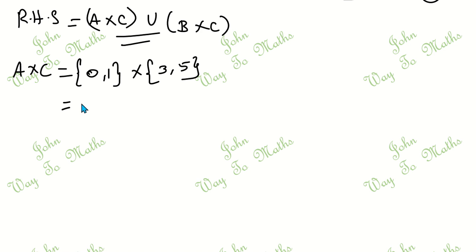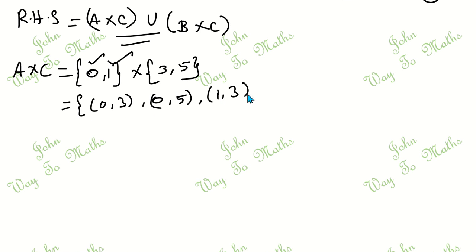Here I'm going to choose 0, so 0 comma 3, 0 comma 5. Then 1 comma 3, then 1 comma 5 is the product of A cross C.